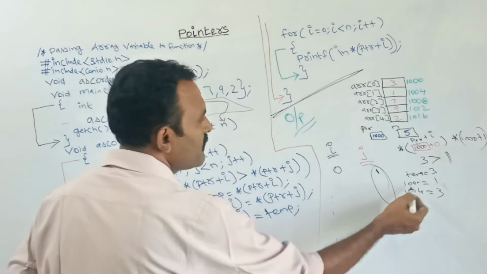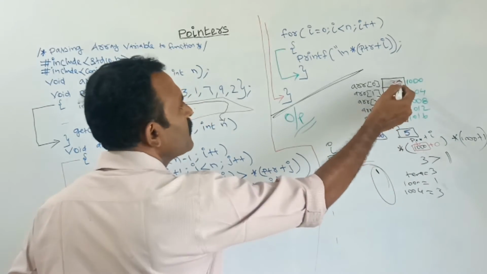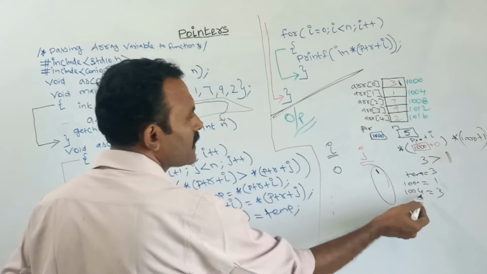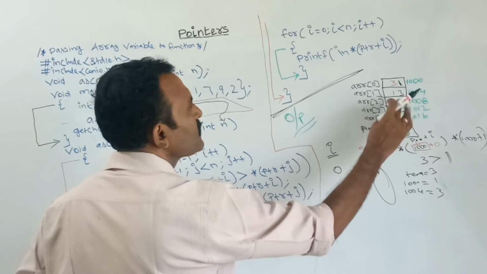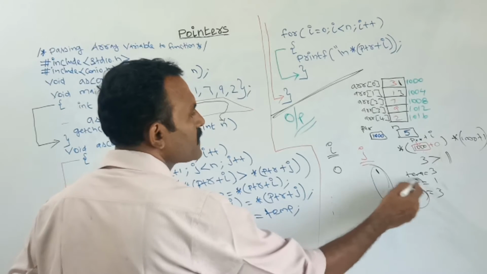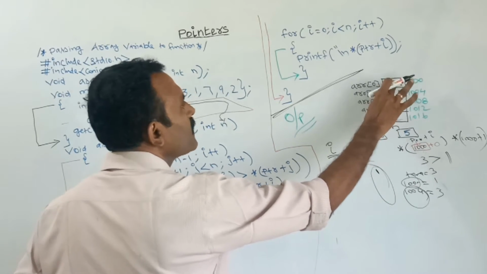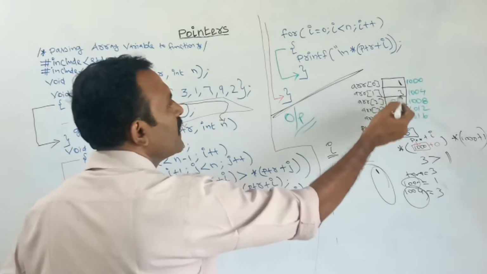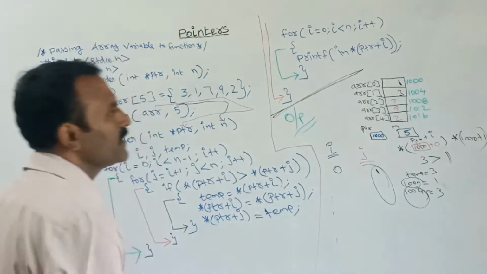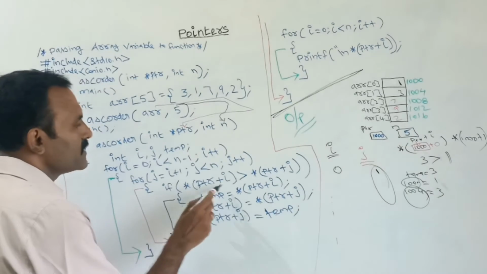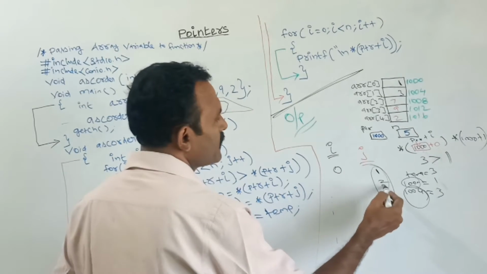Now what is the value at the 1000 location? The value is 1. Next at 1004 the value is 3, that is, at the 1004th location I am storing the value 3. I had swapped. So now the 1000 location holds the value 1 and 1004 holds the value 3. Now inside this inner loop the j value will be 2, 3, 4.